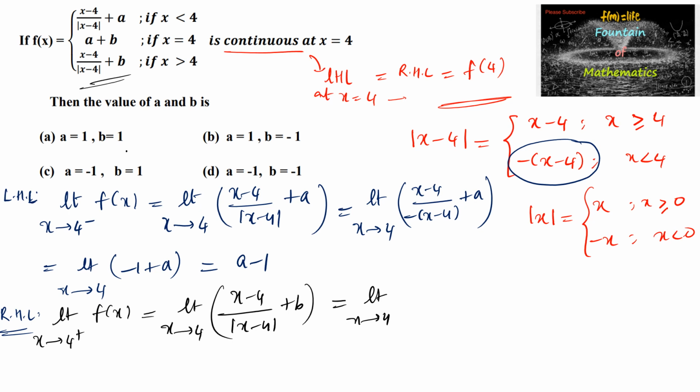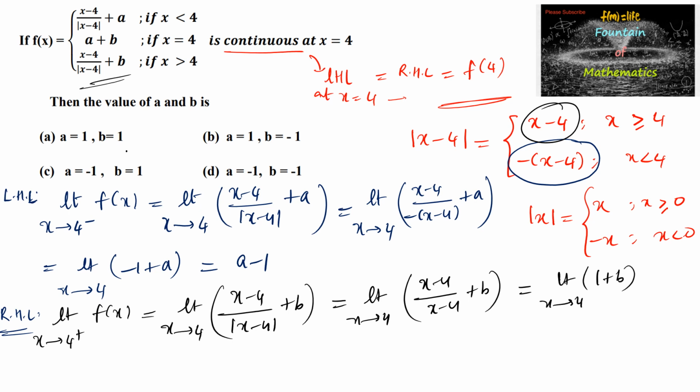Since it is above 4, we need to consider x minus 4 for mod of x minus 4. So we can write x minus 4 upon x minus 4 plus b, which is equal to limit as x tends to 4 of 1 plus b. Again here it is independent of x, we can directly write 1 plus b. And functional value at x is equal to 4, it is given as a plus b.